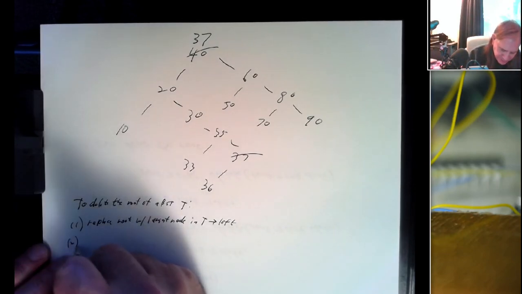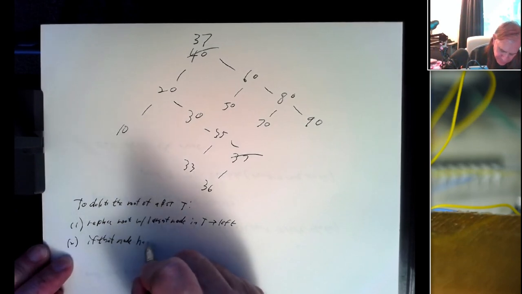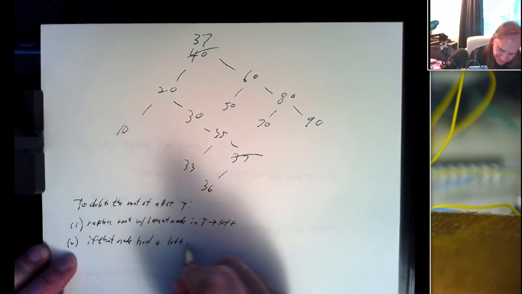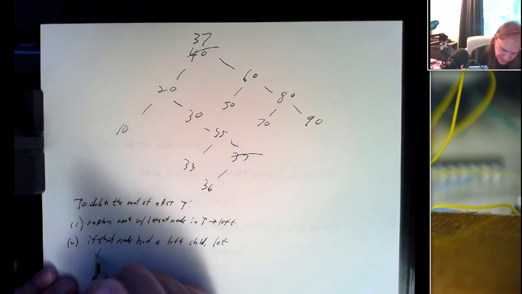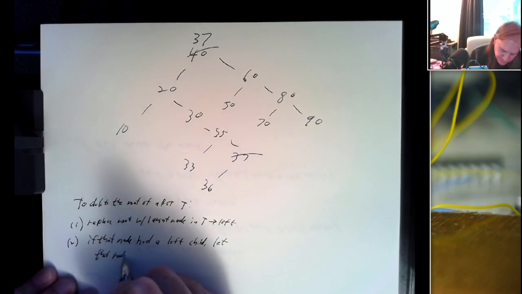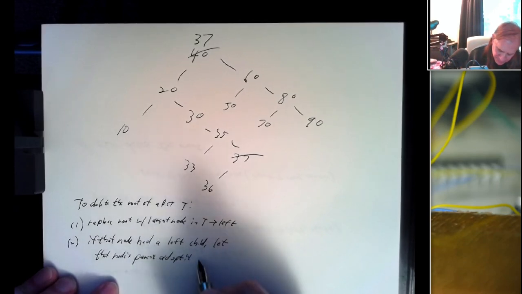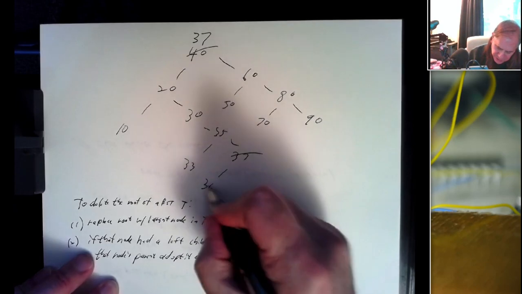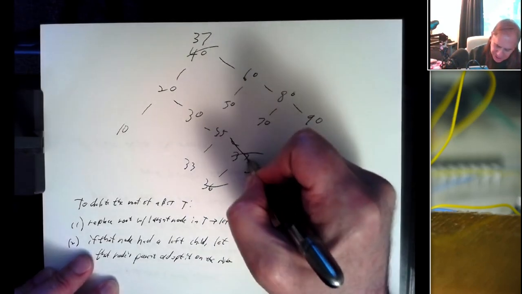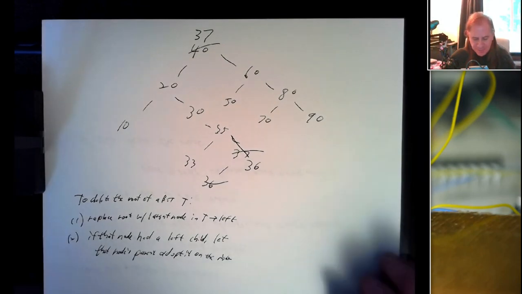So step 2, if that node had a left child, let that node's parent adopt it on the right. So this 36 is going to come up and be the right child of 35. And we're done. We deleted the 40.